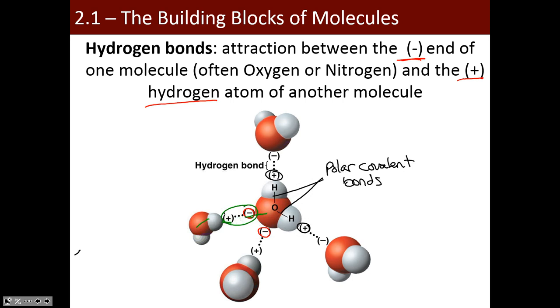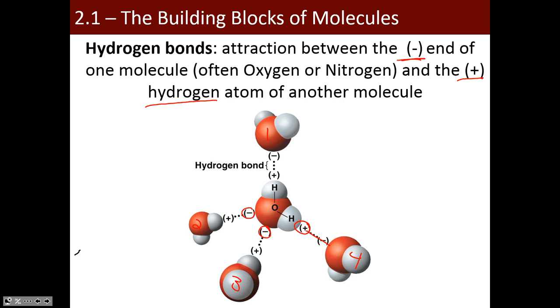But individually, each hydrogen bond is pretty weak and easy to disturb or break. Any given water molecule is going to be able to bind to up to 4 other water molecules, because there's a partial positive charge on this hydrogen, and it can bond with one.